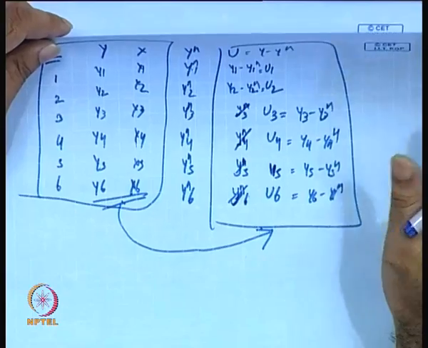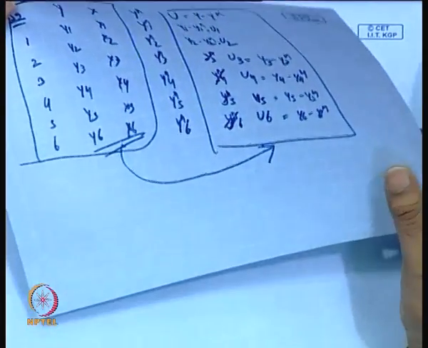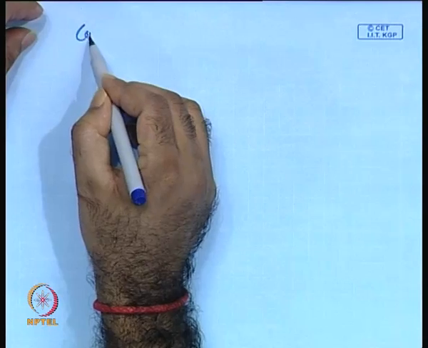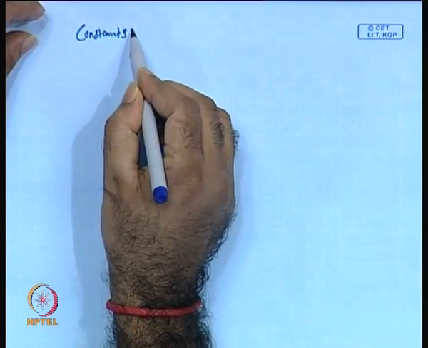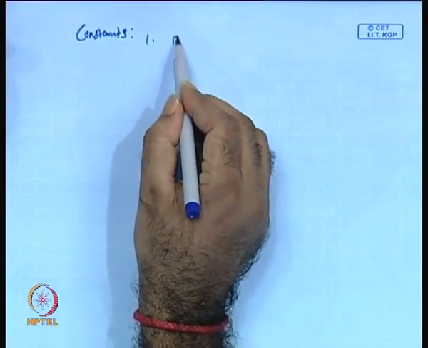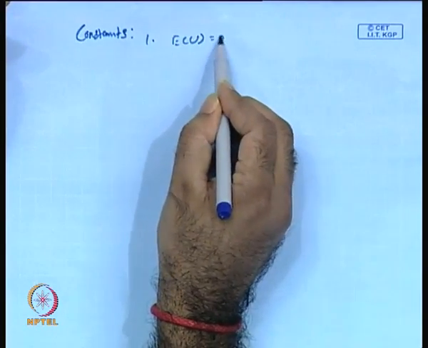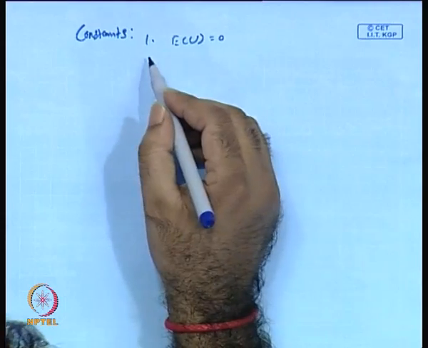Now we are discussing the conditions or constraints on the error term. We have already discussed the constraints. The first is E of u equal to 0, that is, the mean of the error term must be equal to 0.